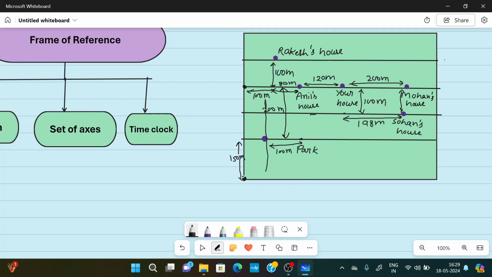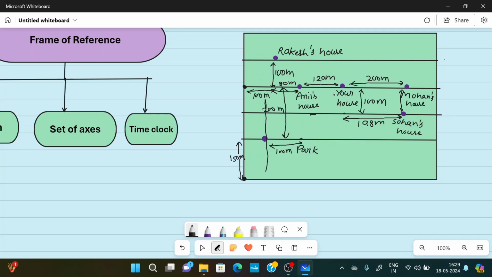If you choose this corner point as the reference point, this left edge of the town as the vertical reference line, and this bottom edge of the town as the horizontal reference line, then you will describe the position of your house as 150 plus 200, 350 meters north and 100 plus 80 plus 120, 300 meters right.